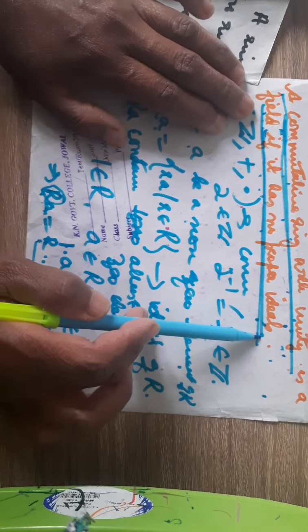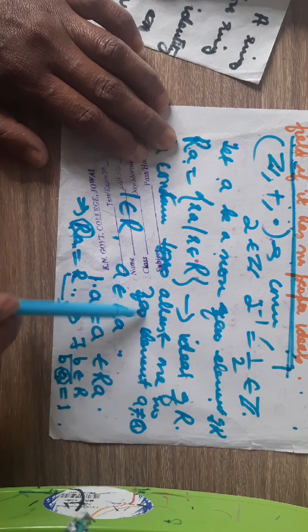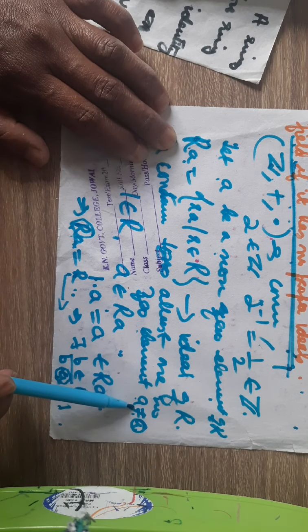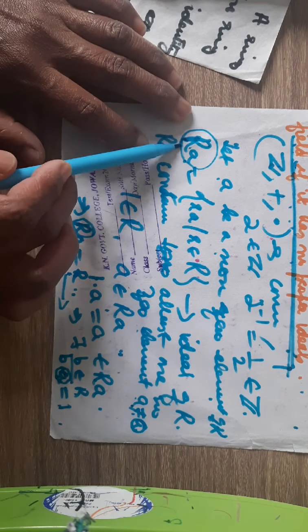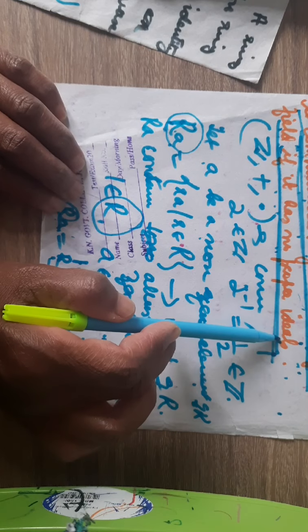Here the ideal RA cannot be the zero ideal because it contains a non-zero element A. So the only option for this RA is that it should be the whole ring itself, because R has no proper ideals.